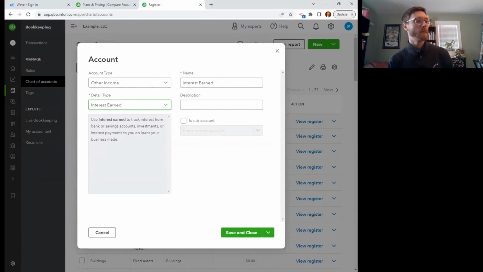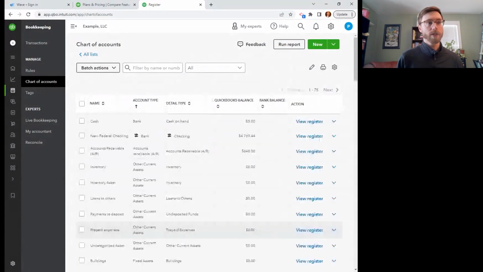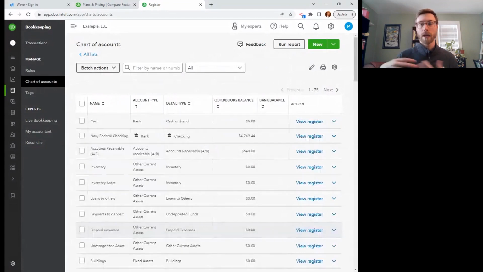So it's nice to be able to record those interest payments from my bank into this specific account. So, interest earned. I don't necessarily need a description, it's pretty self-explanatory. So I'm going to save and close. Now I've set myself up to record those interest payments from my bank accounts into that specific account, so I'm not overinflating my floral revenue. I can divide that out.